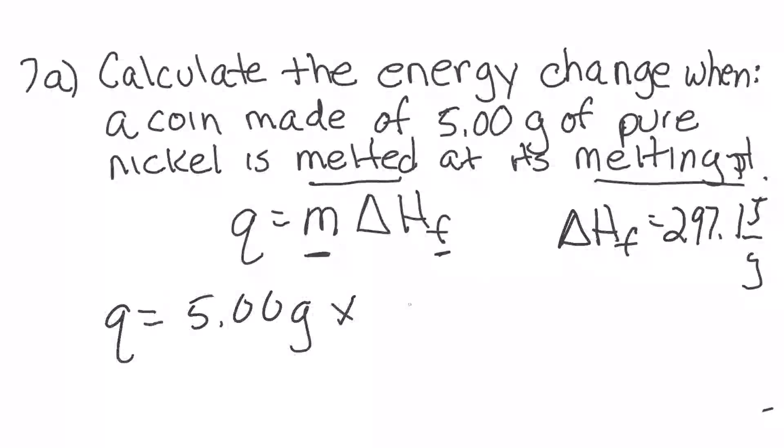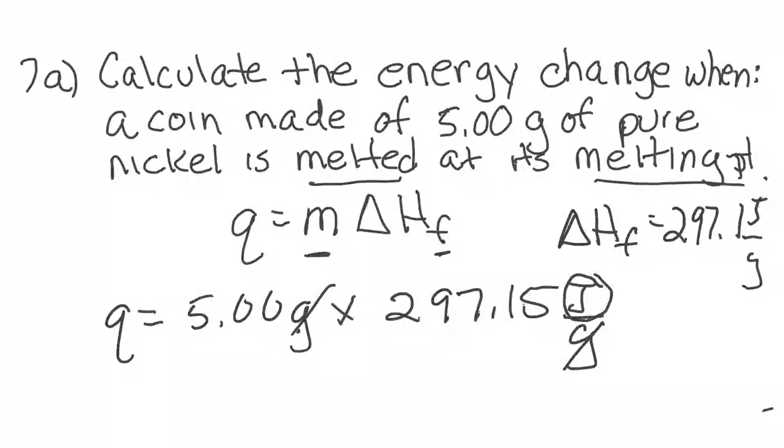The delta H of fusion is 297.15 joules per gram. The grams cancel, so I get out my calculator, and that's how I know I've picked the right formula, because I have to be aware of my units. If these did not cancel and I didn't get joules, then I know I have chosen wrong.